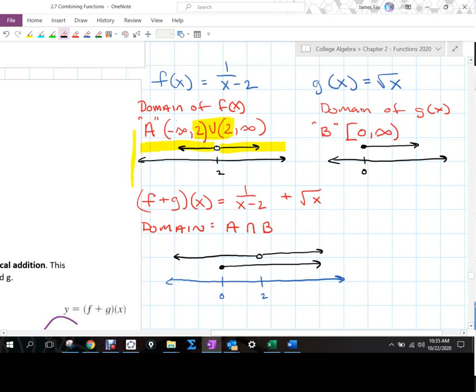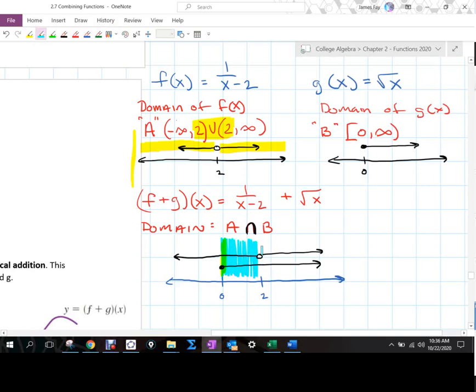Now the intersect means it's the overlap. So where do they start overlapping? Left to right, where do they start overlapping? Start at 0, right? And then we move all the way up to right there. Are they overlapping on 2? No. Okay?